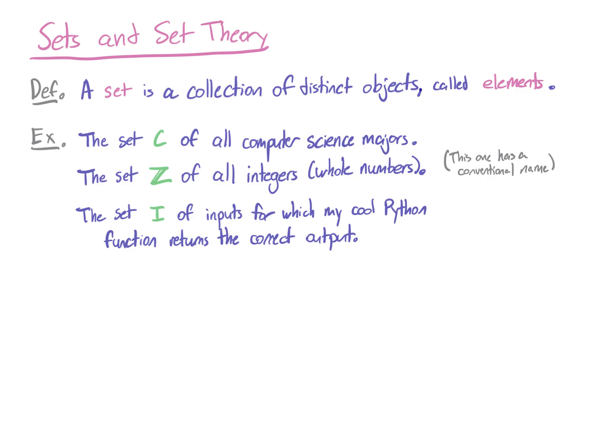If you are working on a Python function that accepts strings as inputs, then it might not work on integers, for example. So we can consider a set of all possible inputs for which your cool Python function works correctly. So this might be the set of strings, for example, if your function is guaranteed to work with all possible strings.